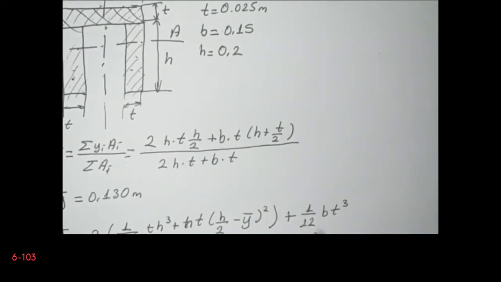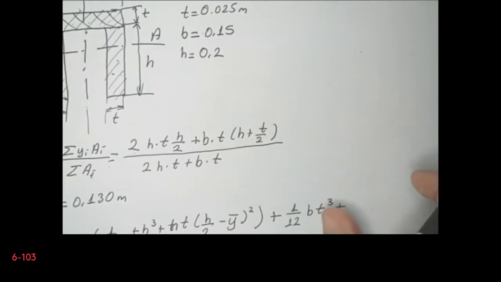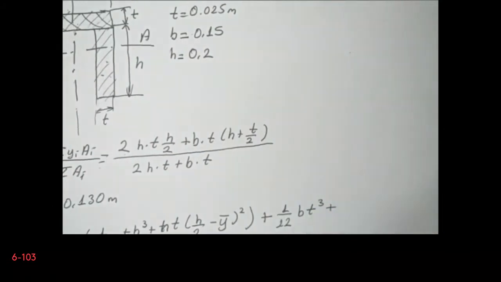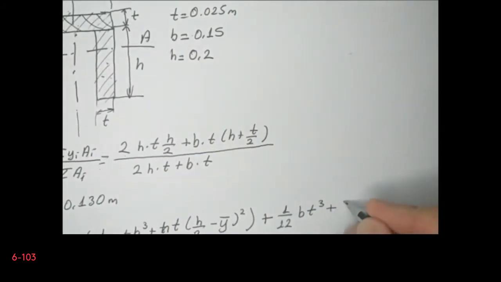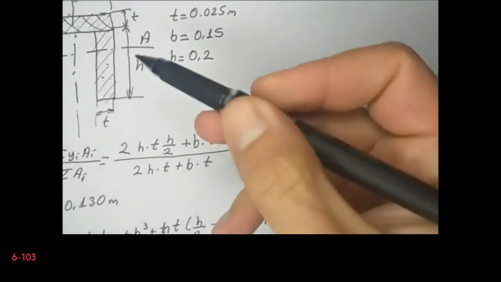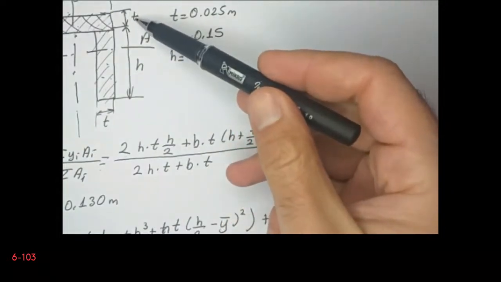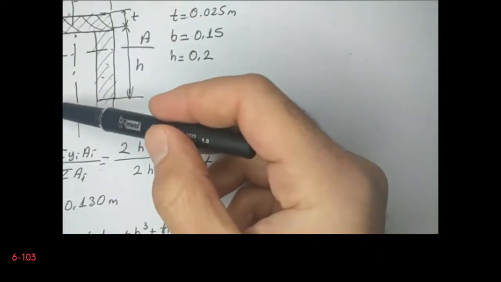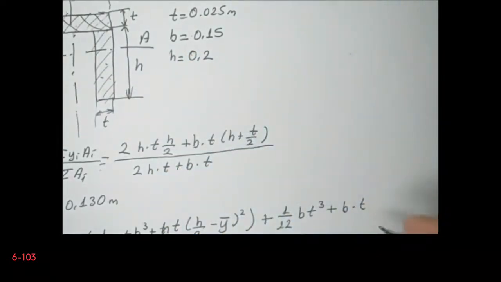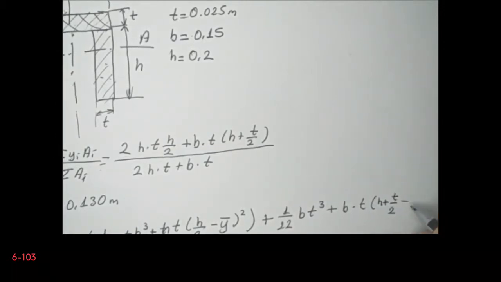Then we will shift it to the centroid of the cross section, plus the area, which is B multiplied by T. Its centroid is located at H plus T divided by 2, so the distance to our reference point, minus y bar, and square of it.